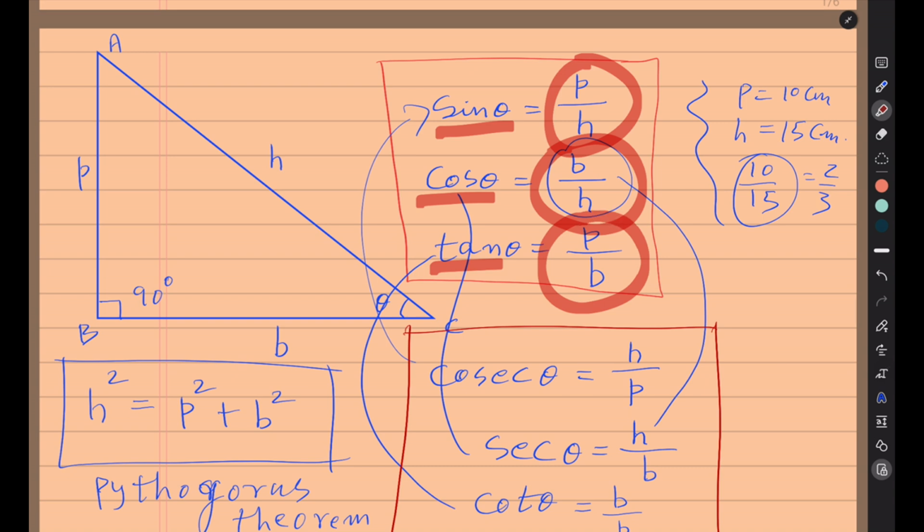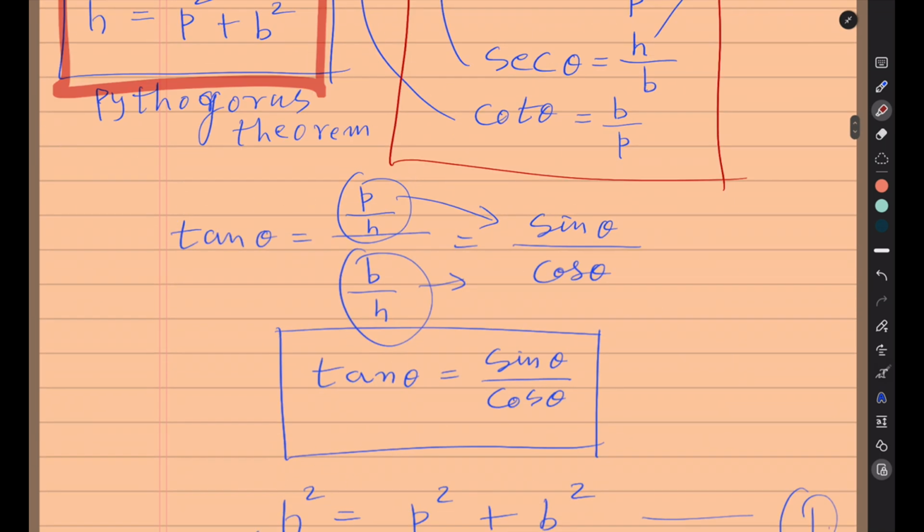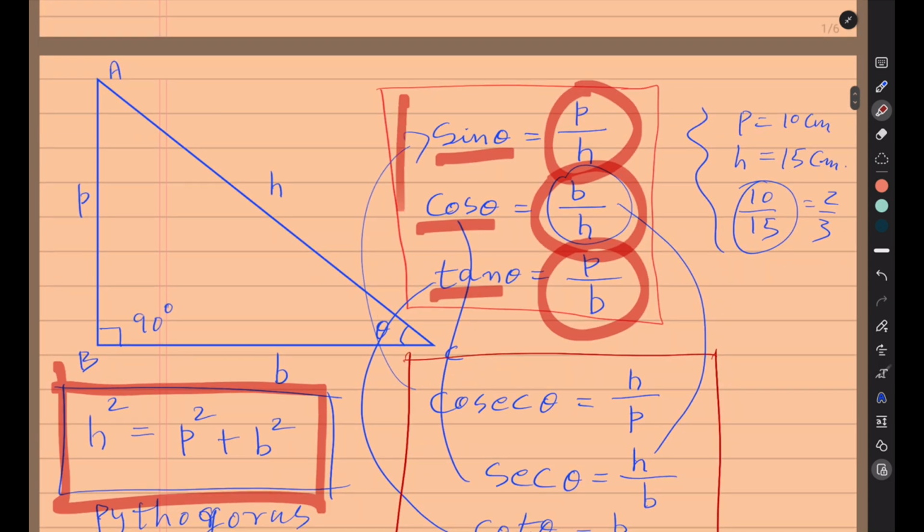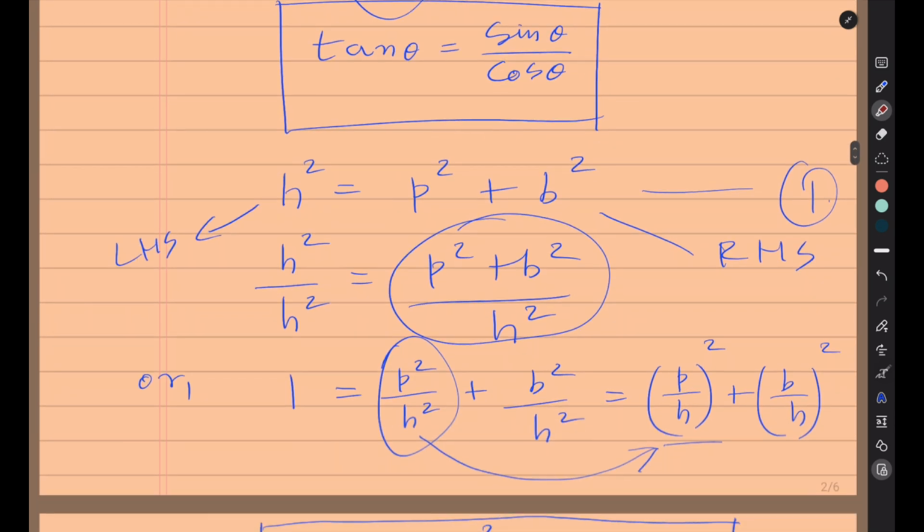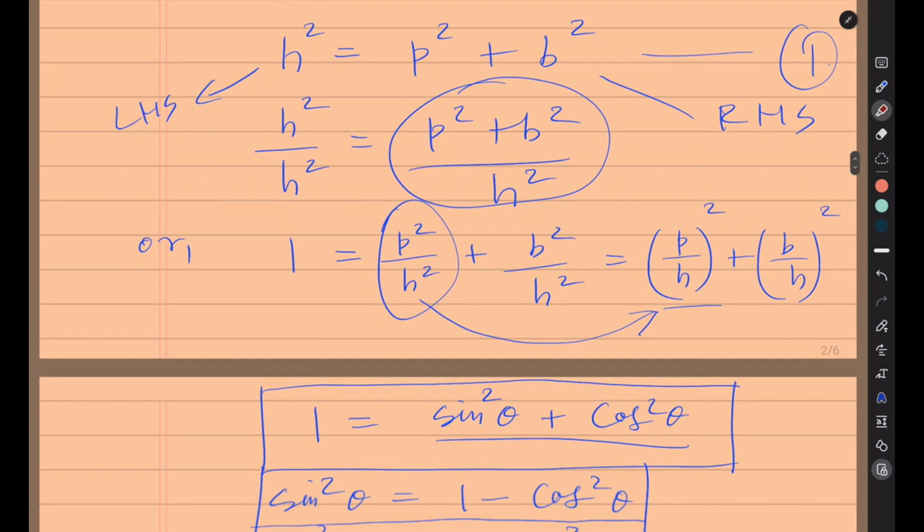And then we just took Pythagoras theorem and tried to establish the relationship between these three basic trigonometrical ratios by doing some usual stuff like dividing and equation stuff, you can say.